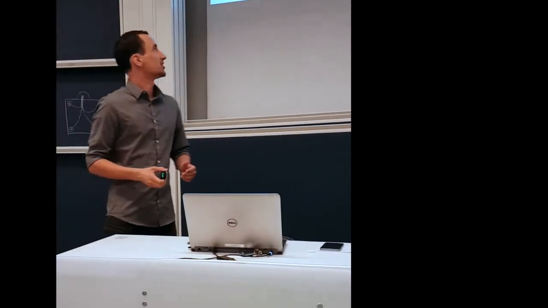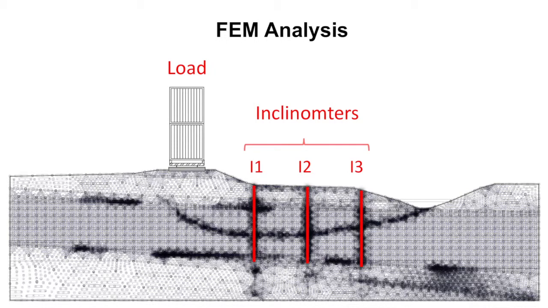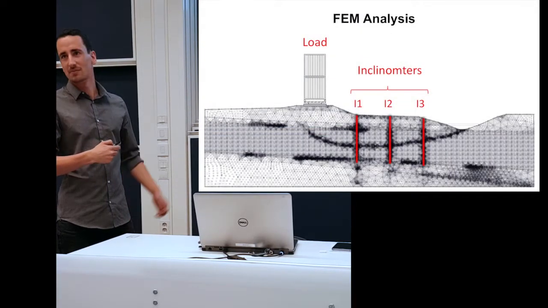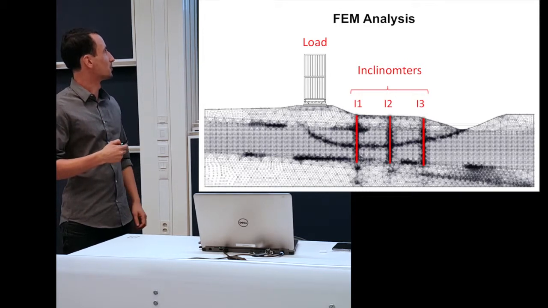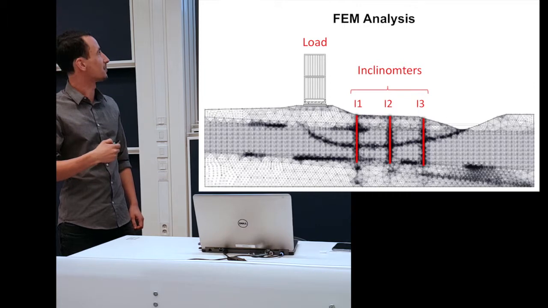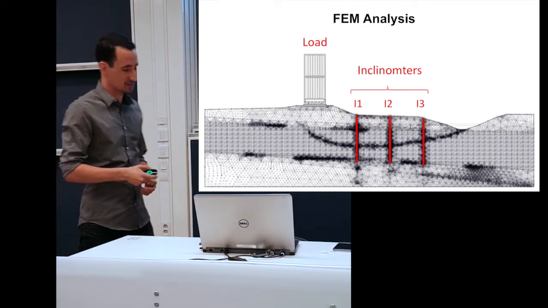So these two types of calculations were run into a finite element analysis, and I wanted to study the failure load, and I also wanted to study displacements measured at 3 inclinometers along the possible failure line. This is the picture of the mesh, so I reinforced the mesh closer to inclinometers and a potential failure surface.